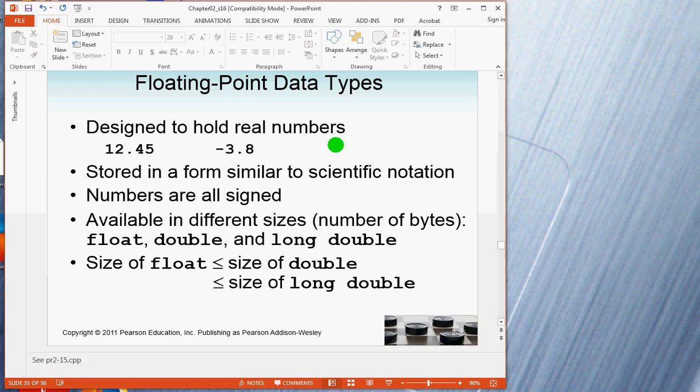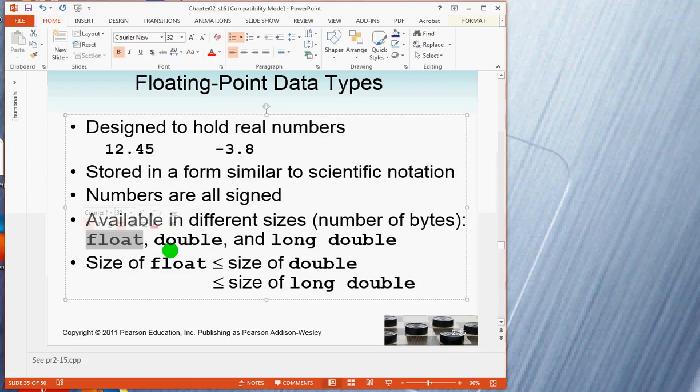Now let's talk about floating point numbers. A floating point number, just like integers, will come in different sizes. The smallest size is a float, and it's typically 32 bits. A double is typically 2 computer words, 8 bytes or 64 bits. And a long double can be as much as 4 words.